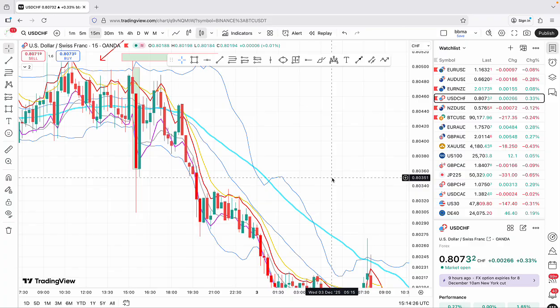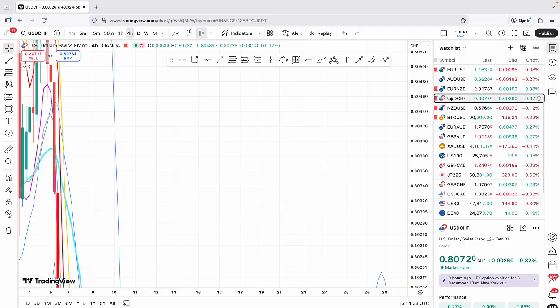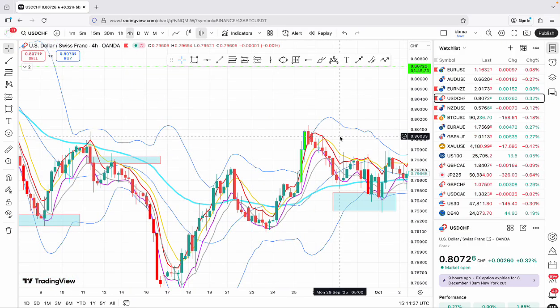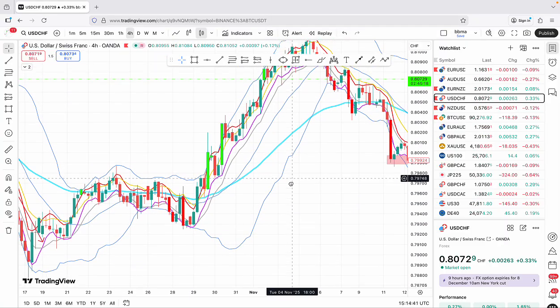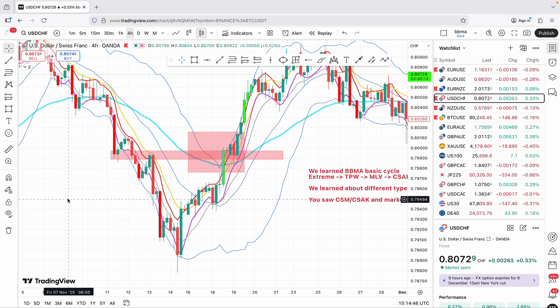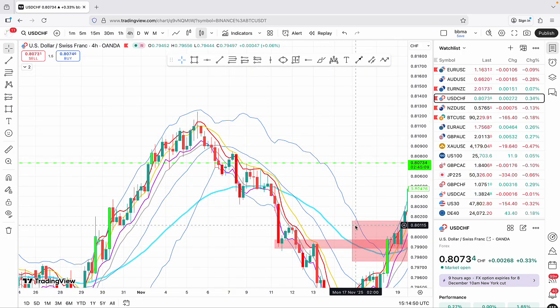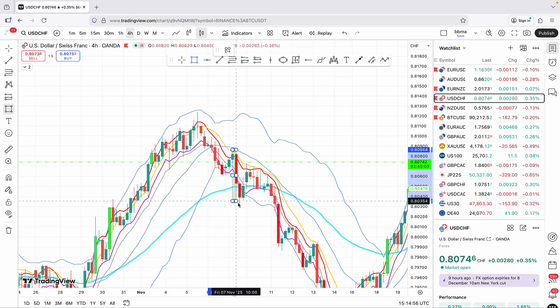I can find a good example which shows a proper structure in time frame 3. Let me find it over here. Let's say this is the one. I will delete this. CSM sell.